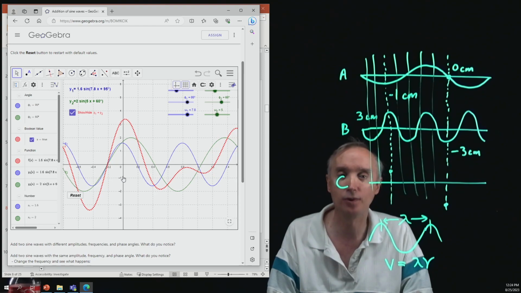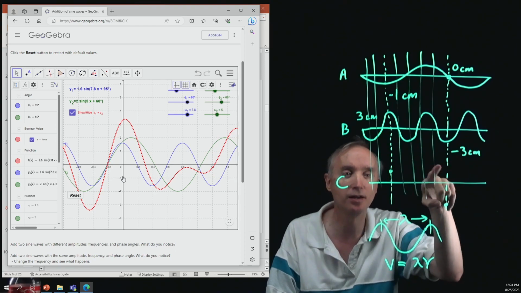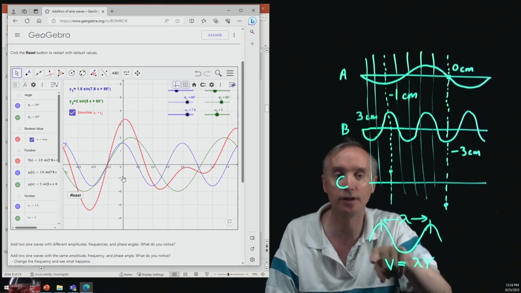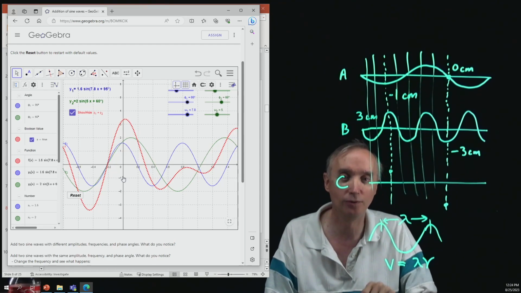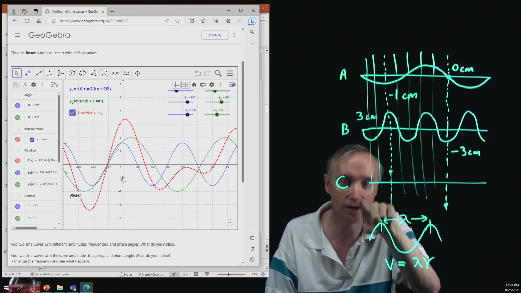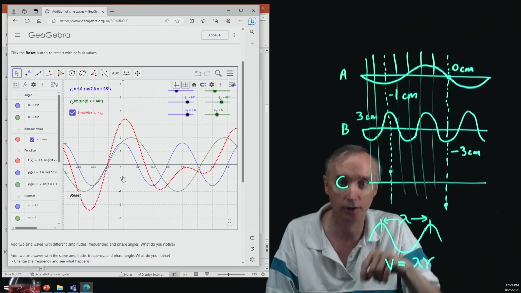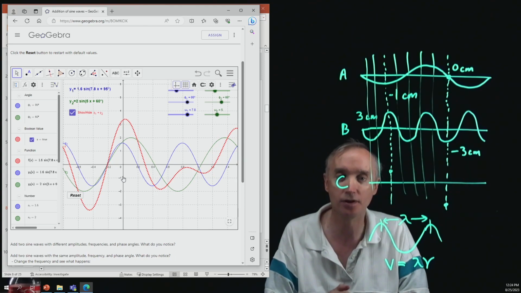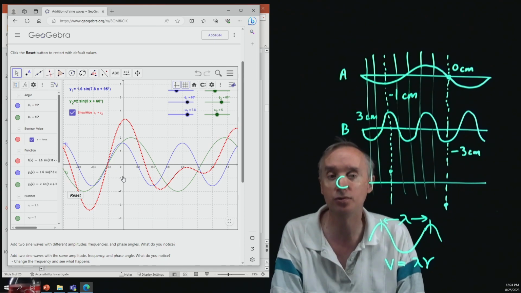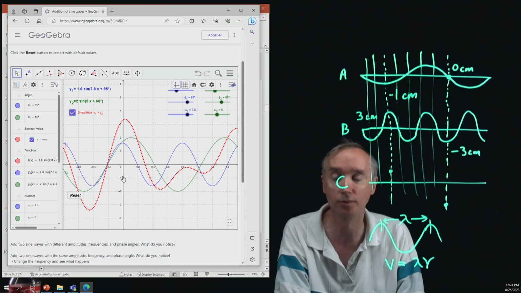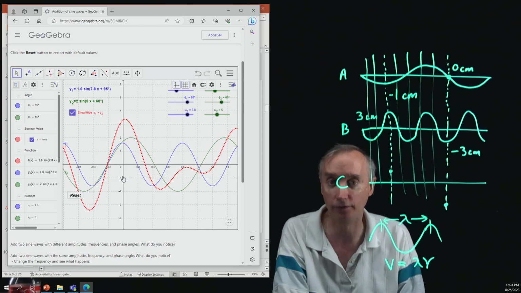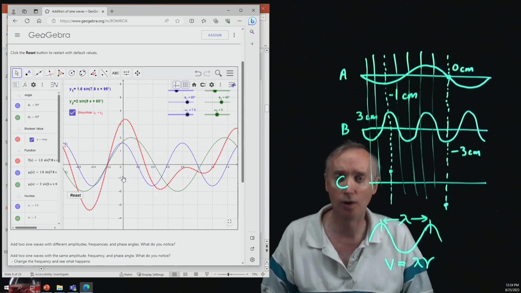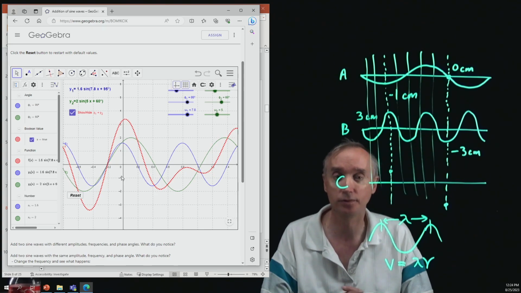Notice that we had a nice sine wave for the blue one and a nice sine wave for the green one. But when we add them together, do you see how it's making a weird looking pattern? That's a hallmark of adding two waves together: normally you're going to end up with a completely different looking wave. So what would be an example of this?